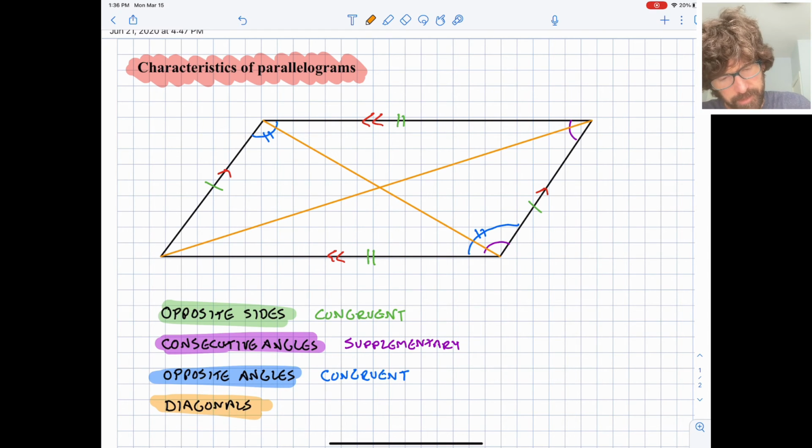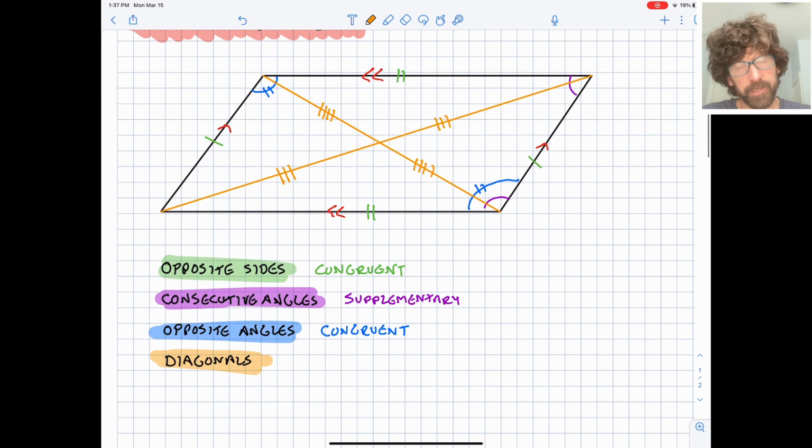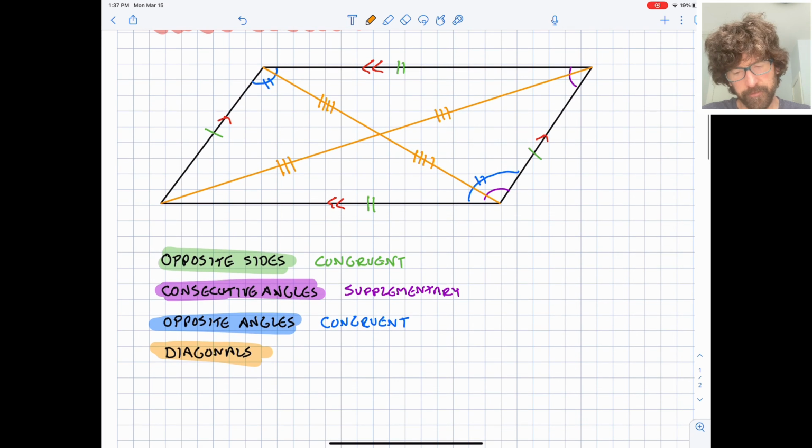What's actually true is that they bisect each other. Okay, so we don't know what angle they intersect at, but they cut each other in half. Okay, they're not congruent. We don't know if the diagonals themselves are congruent, but that intersection point is the midpoint of each diagonal. So they bisect each other.